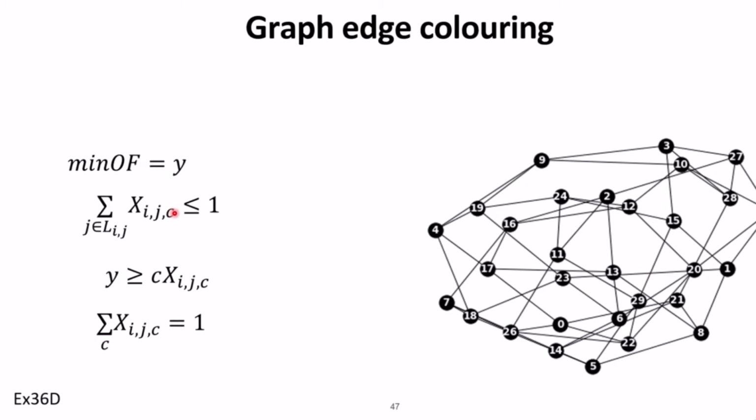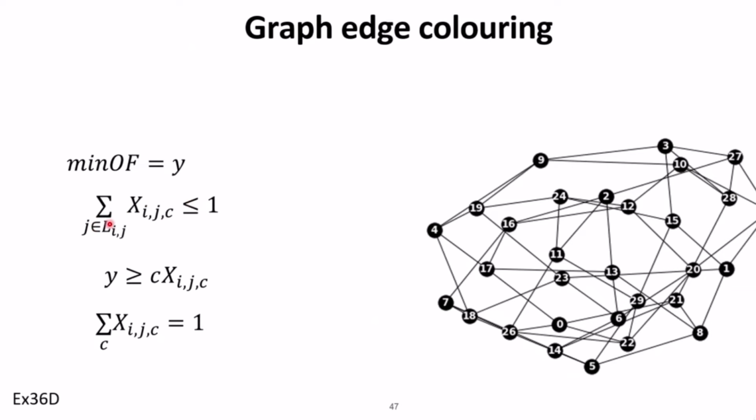Okay, so let's write down the code. Here you can see that for every node we should have some limits. So for every i and c we have to write down this constraint.